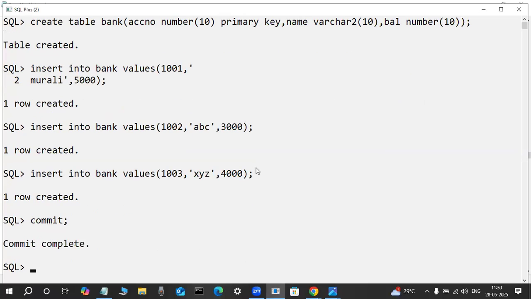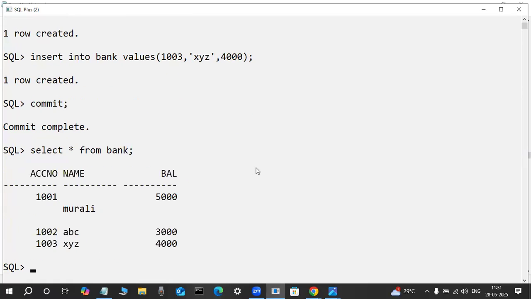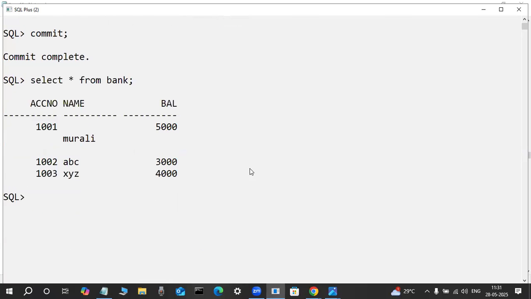Observe it here. Now, select star from bank, where bank is the table. Now you are observing this, or not?